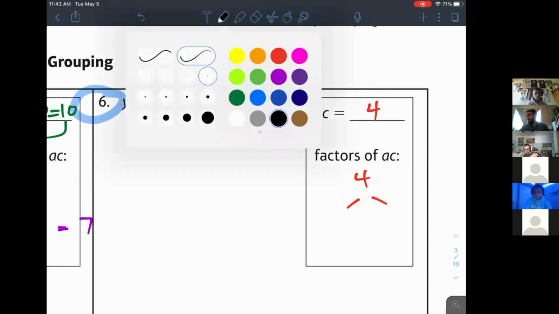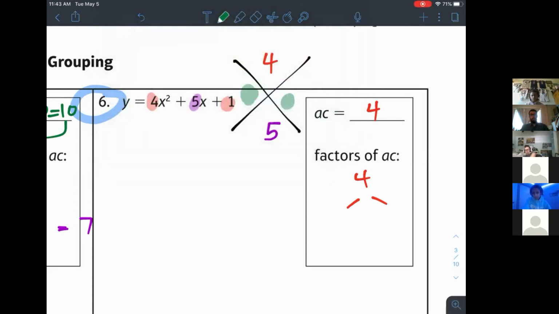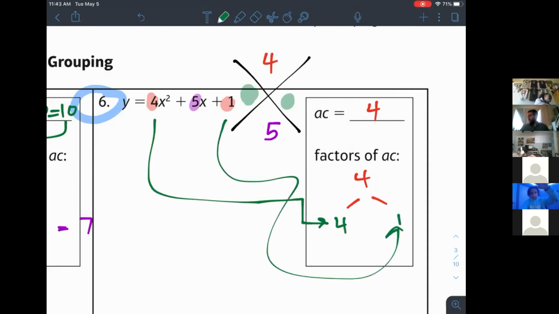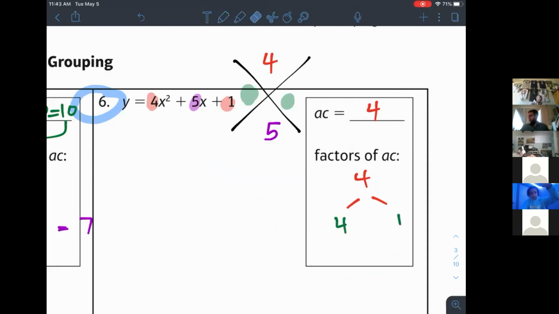Anyone know factors of 4 that add up to 5? They're pretty easy. They're literally right in front of your face. Yeah, 4 and 1. Cool, so those are the factors of 4 that add up to 5.